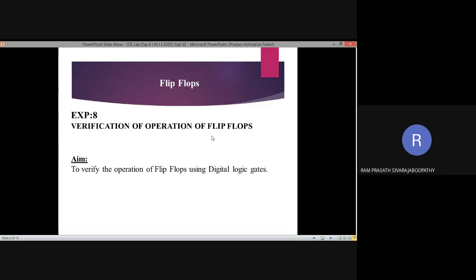For designing SR and D flip-flop, 2 input NAND gate is enough. For designing JK flip-flop, how many input NAND gate is required? 2 input is required. Also, it requires what?